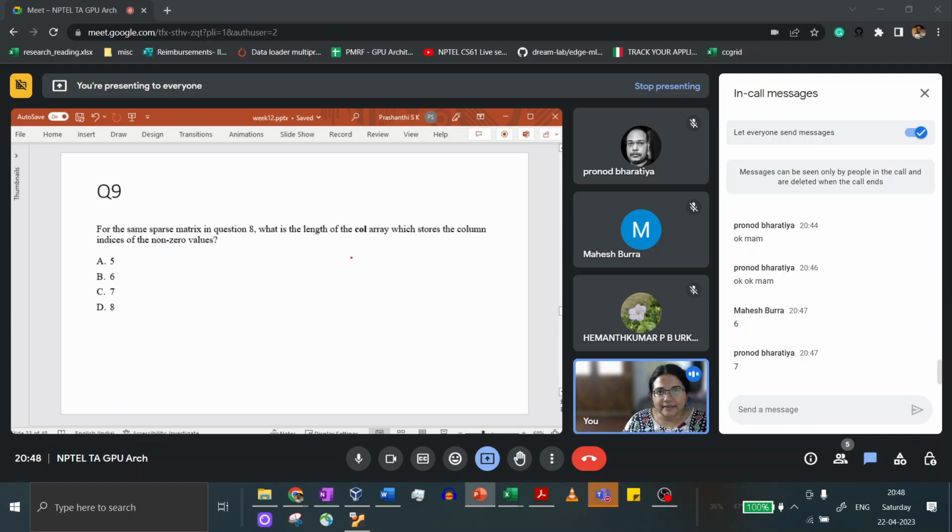For the same sparse matrix, what is the length of the col array which stores the column indices instead of the non-zero values? Any answers?